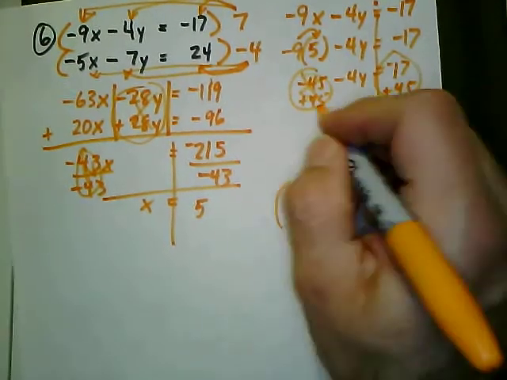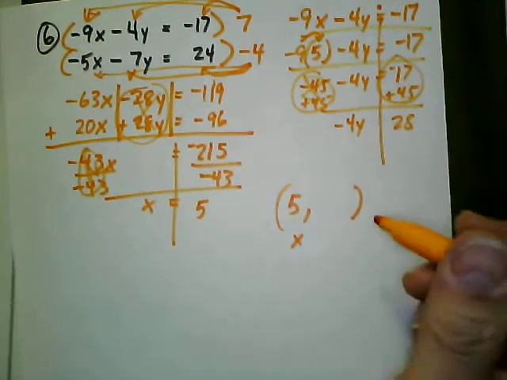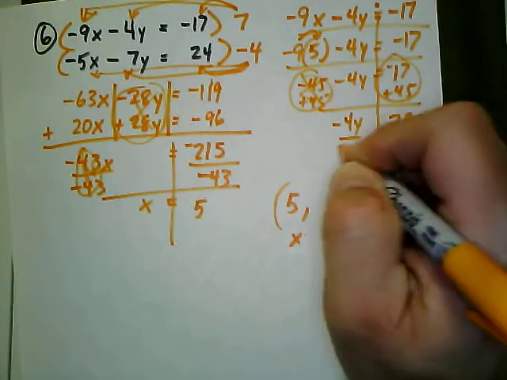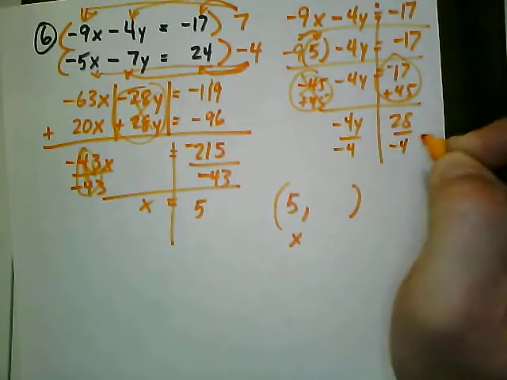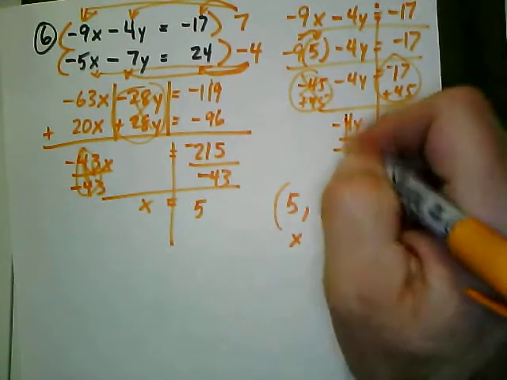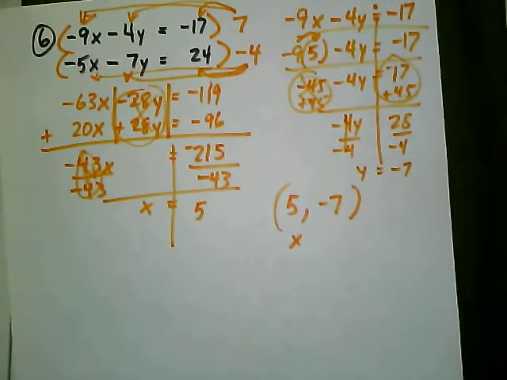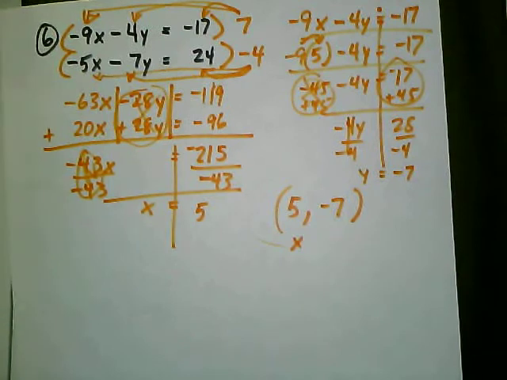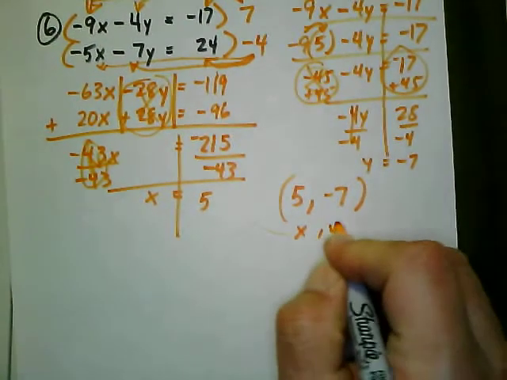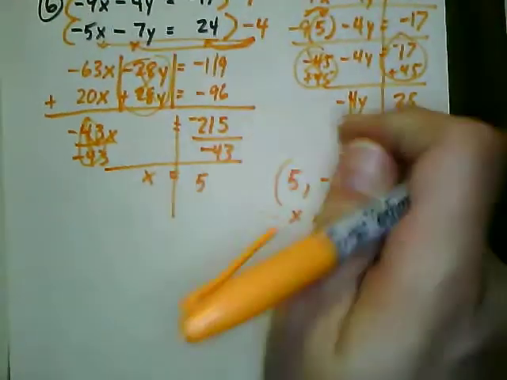Those two disappear. And divide by -4. y equals -7. There's our coordinate point. It's where our 2 lines intersect, which is an x and a y. Make sure you have both. Some of you guys weren't doing this part.